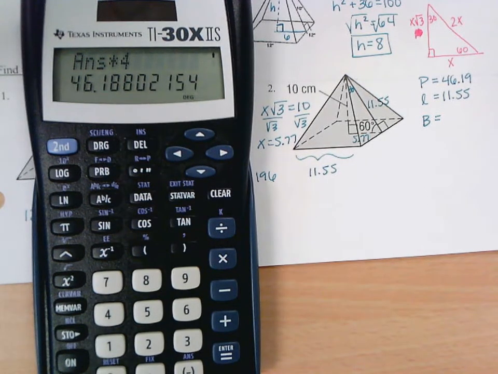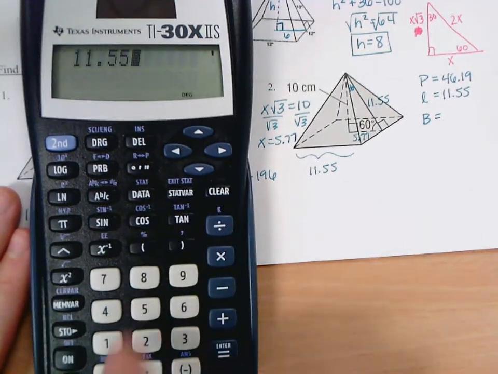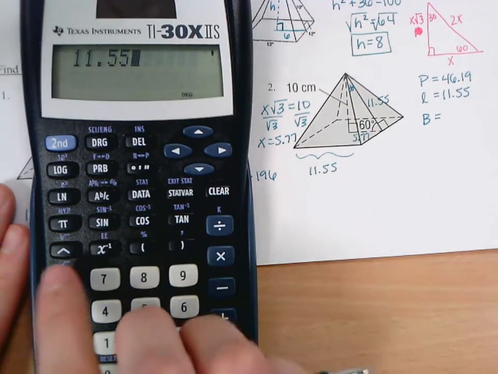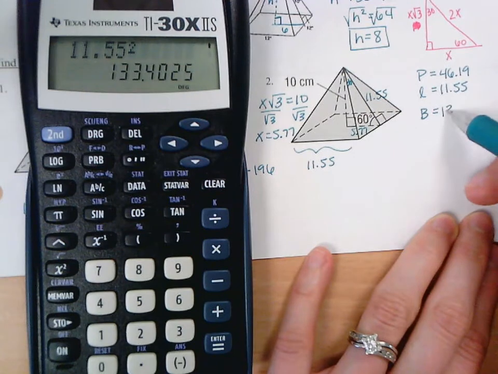And now I just need the area of my base. So now I go back and type in 11.55 squared, or times itself. This would be about 133.40.